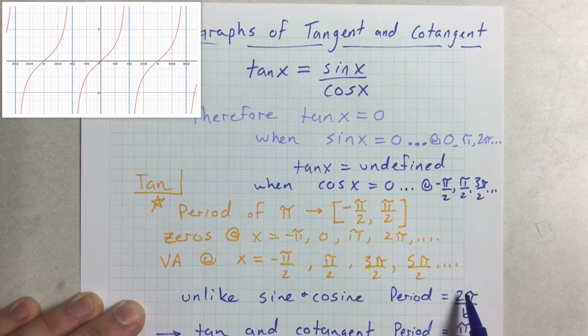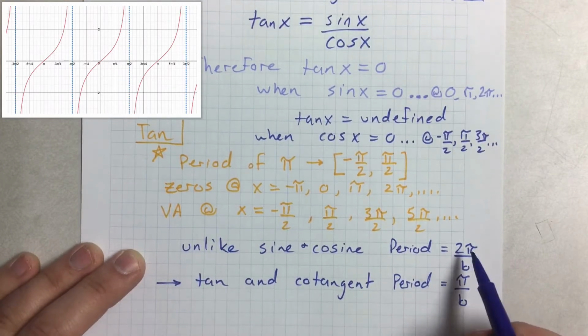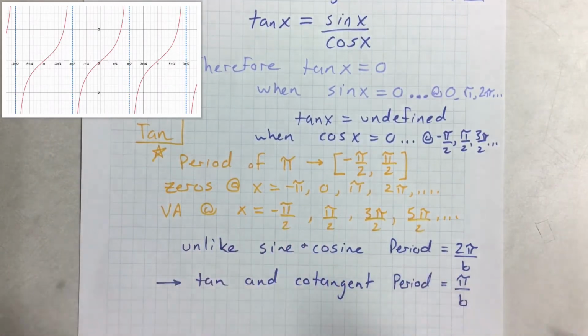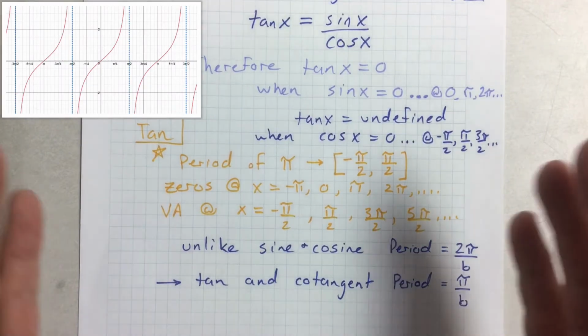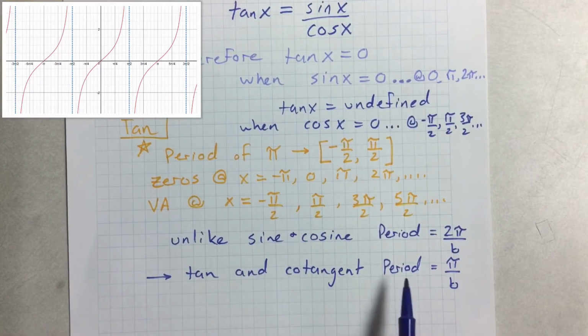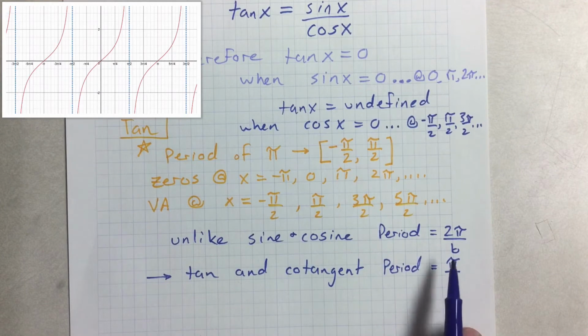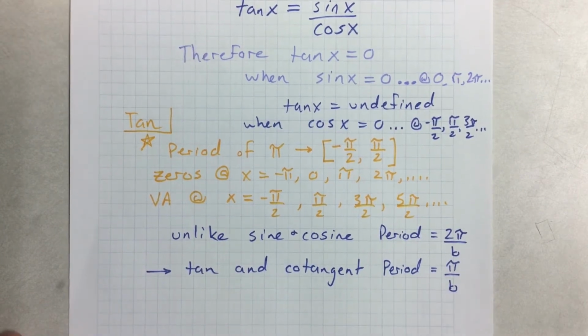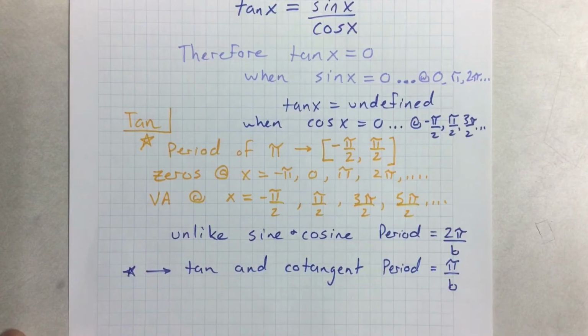So I think the 2 pi, where that came from, is the basic period for sine and cosine with no vertical shrink or stretch. Since tangent and cotangent have a basic period of pi, that's why we're not seeing the 2 there. Okay? So we're going to use this later on.